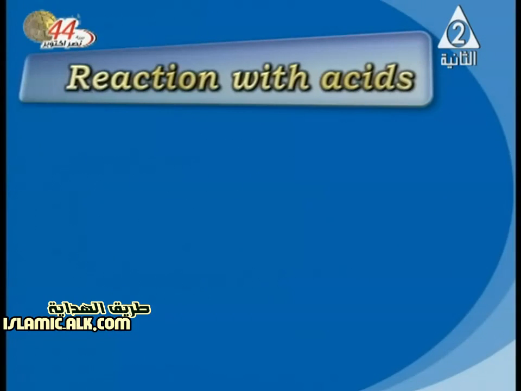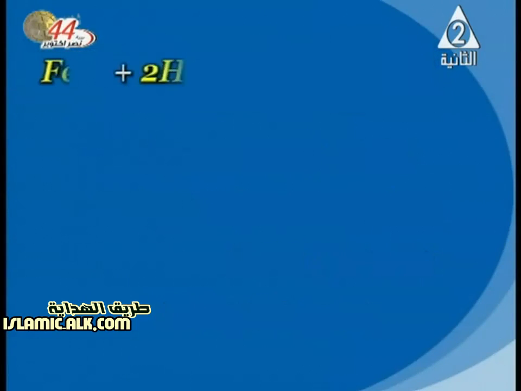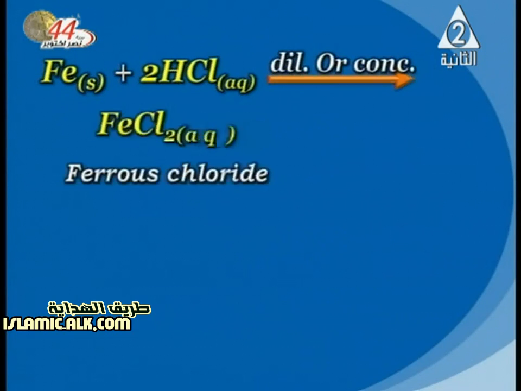Now we are going to discuss the reaction of iron with acids. Iron reacts with dilute mineral acids to form iron 2 salts and hydrogen. As the equation proceeds on the screen, iron plus dilute hydrochloric acid gives iron 2 chloride or ferrous chloride, and hydrogen gas is released, as the following animation shows.